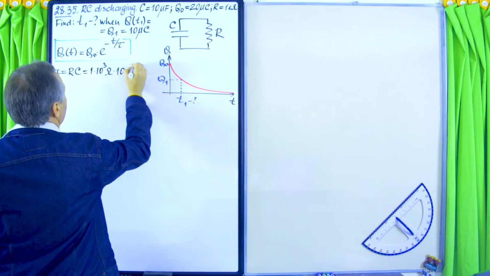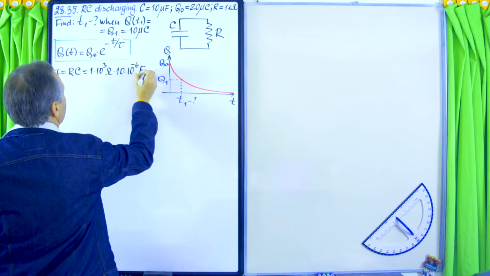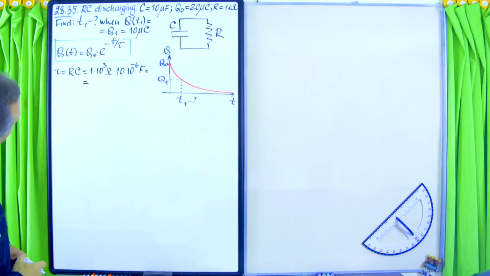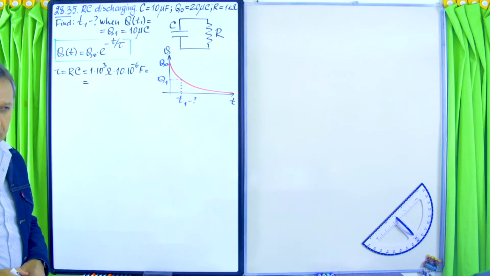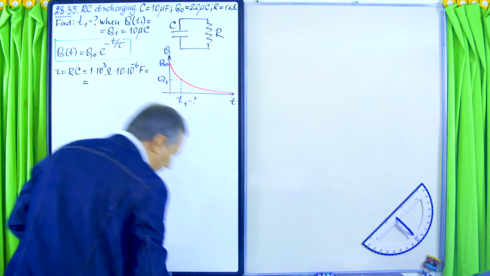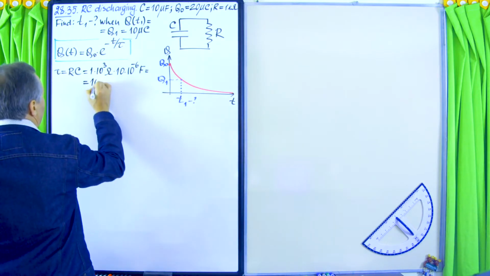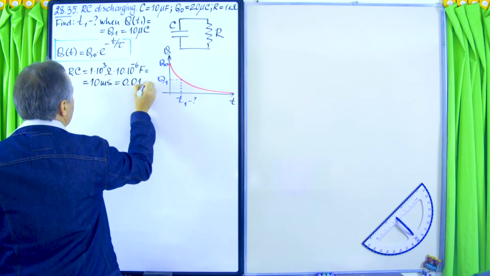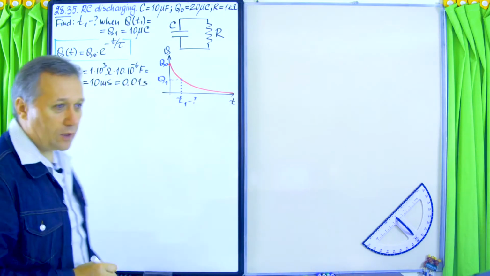Micro is 10 to the power minus 6 farad. So the answer will be 10 to the power of minus 2, so it's 10 milliseconds or 0.01 seconds. Okay, let me check. Yeah, 10 milliseconds or 0.01 seconds.